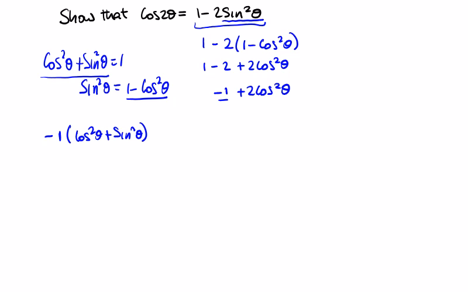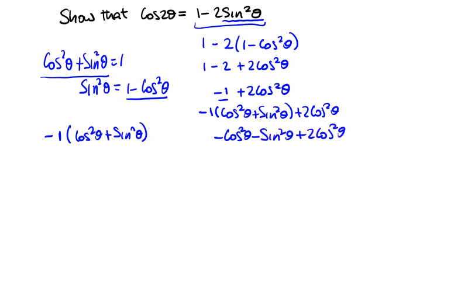So if we bring that over and replace it, we're going to get minus 1 times (cos squared theta plus sine squared theta) plus 2 cos squared theta. And that's equal to minus cos squared theta minus sine squared theta plus 2 cos squared theta. So we've got a minus 1 and a 2, so cos squared theta, 1 left, minus sine squared theta.